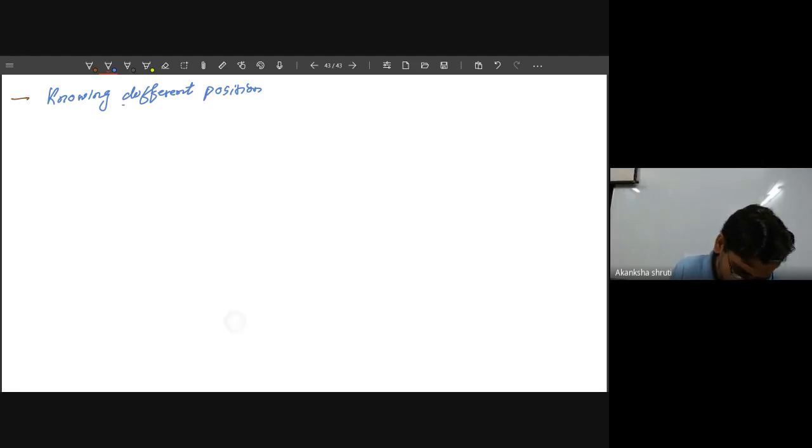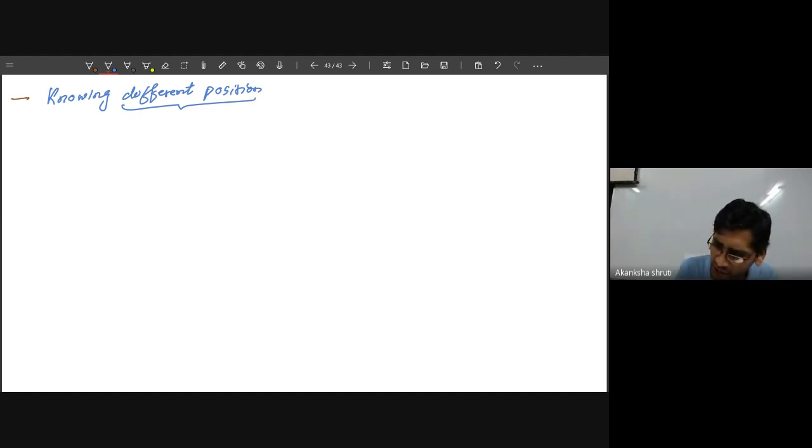right? So knowing different positions, by knowing these different positions, what can we calculate?